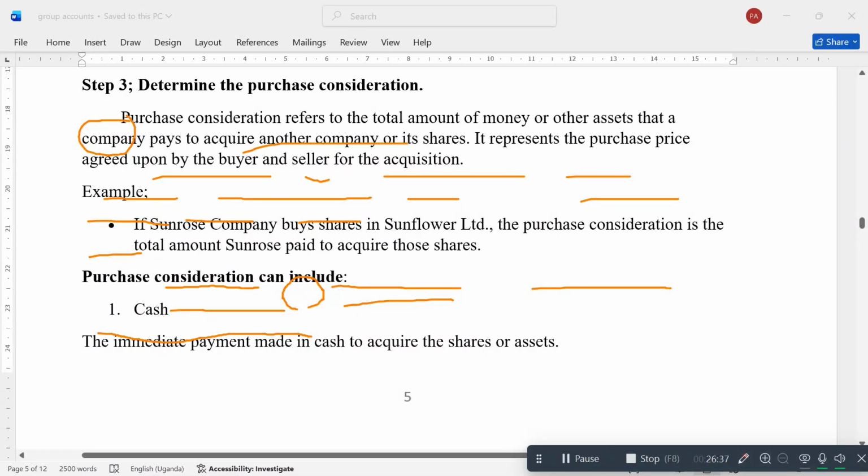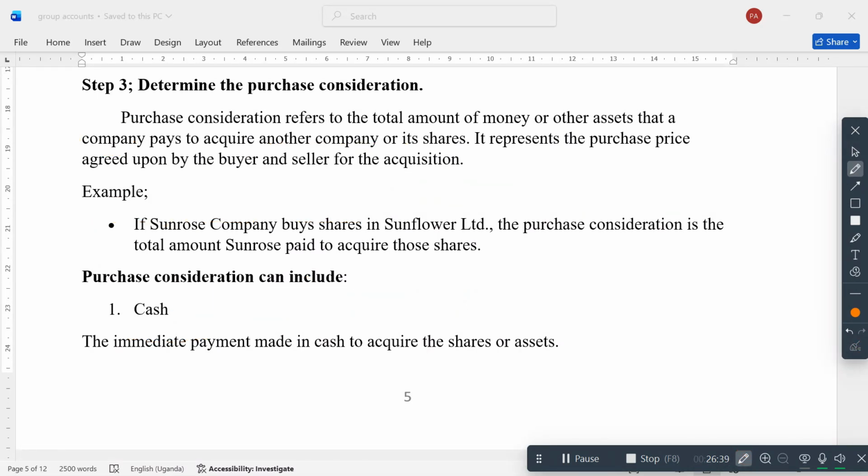Now let's start with item number 1. You may find this in your exam. Remember I told you this is part of a big number for consolidation, but the reason it is still challenging so many people is because they fail to understand the basics behind that number. That's why I had to come in a different way, to take you step by step so that we can master all these things.